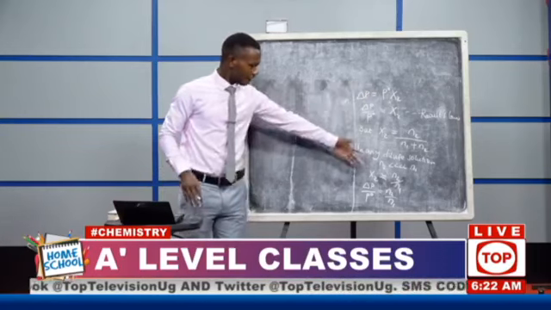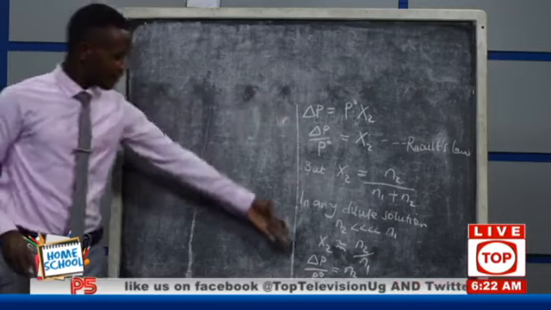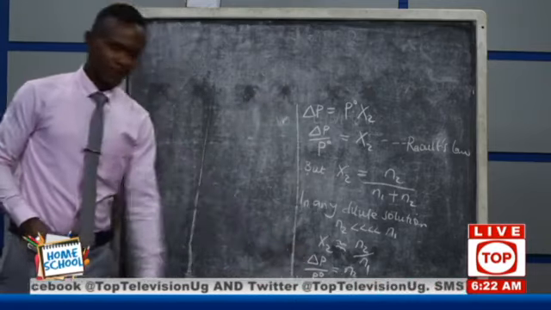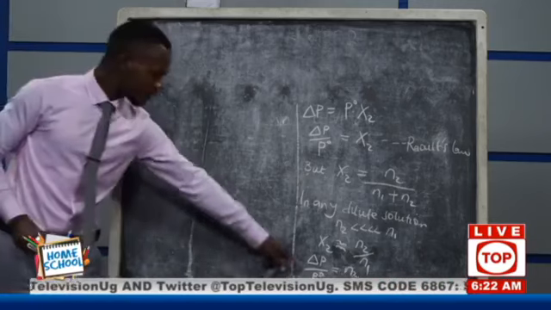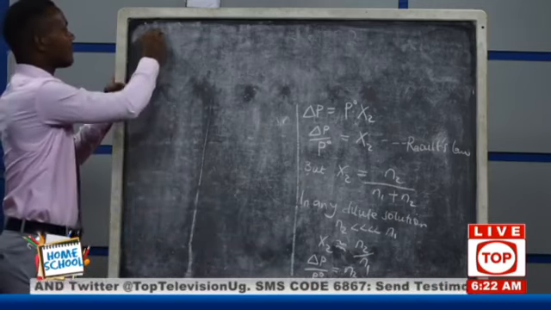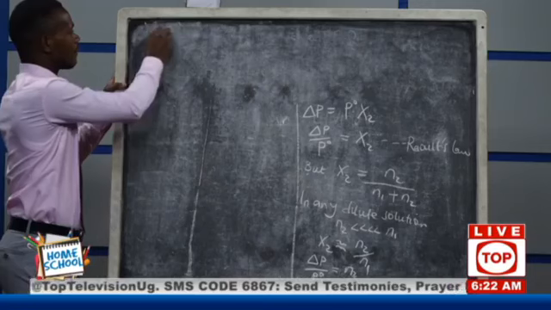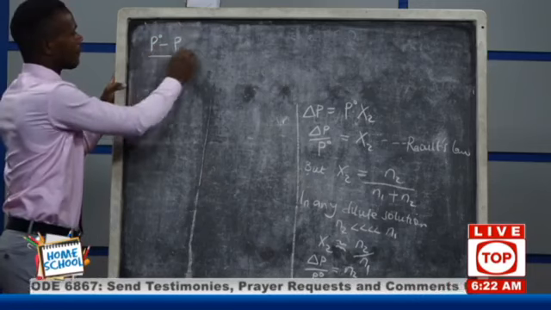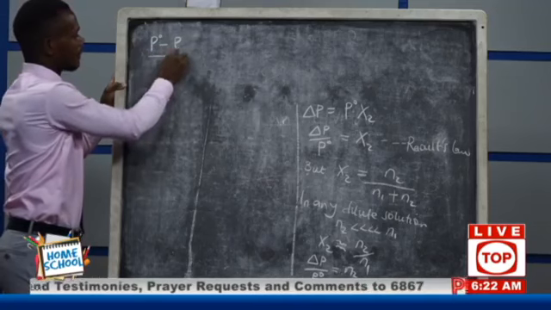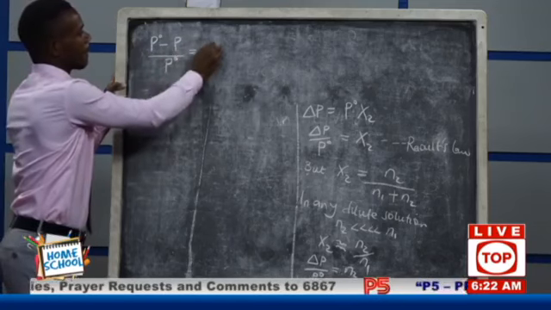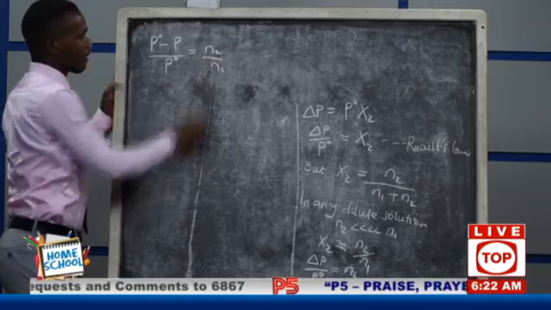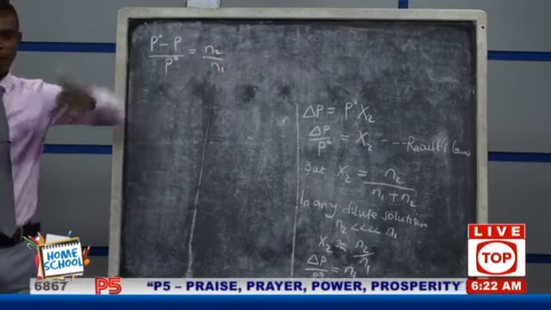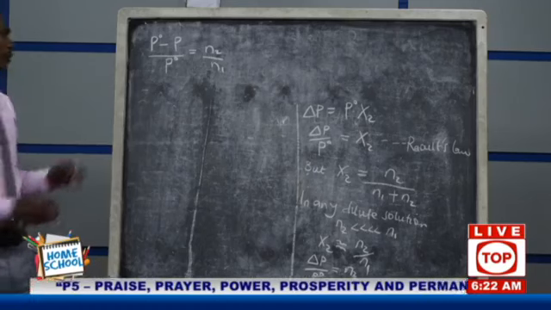So we are here. We are now on this. Remember, change in the pressure, we have been seeing that is P naught minus P over P naught equal to N2 over N1. So here you can ask yourself, how do we get the number of moles?